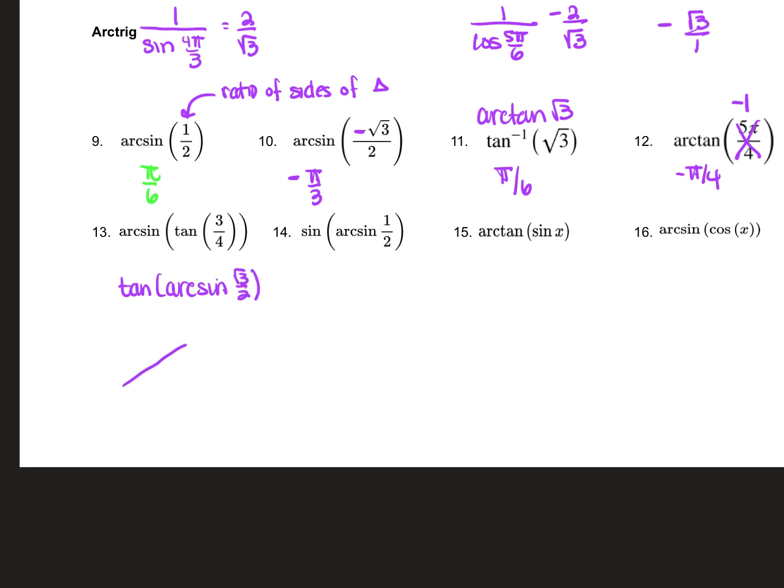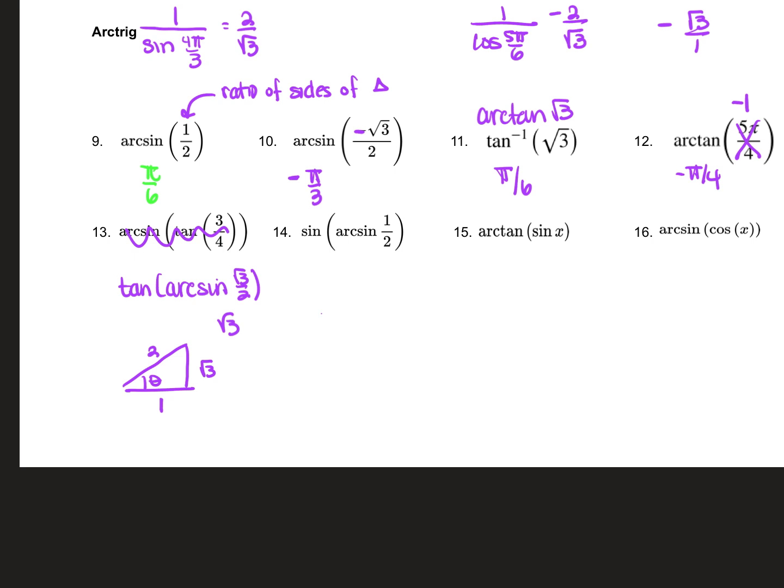So we're looking for the angle whose sine is root 3 over 2. That's whose angle it is. We want the tangent of that angle. So Pythagorean theorem. So this would be 1. So the value of the tangent would be root 3.